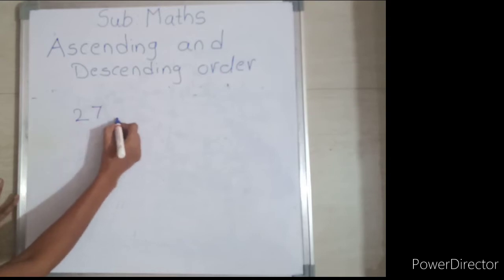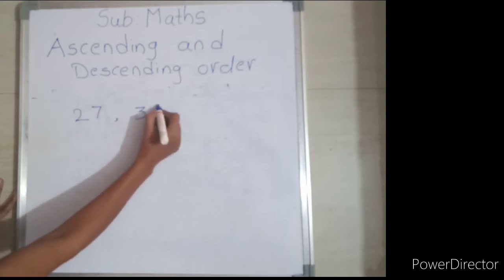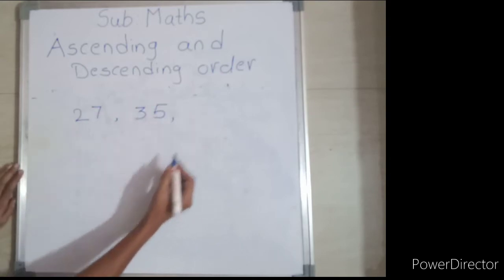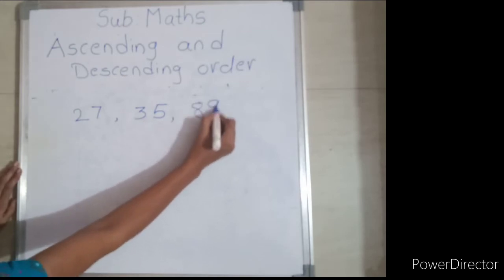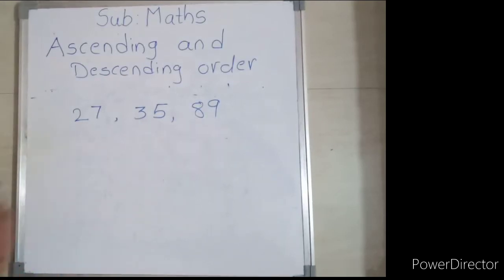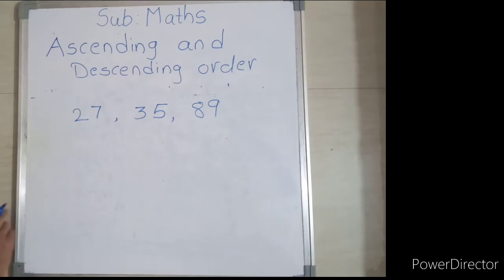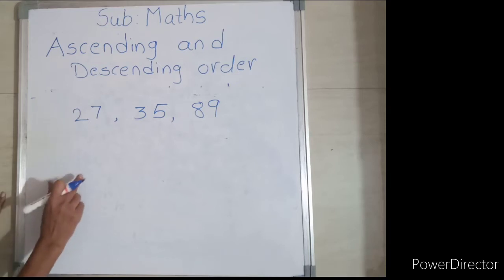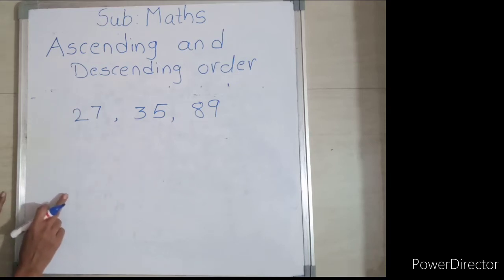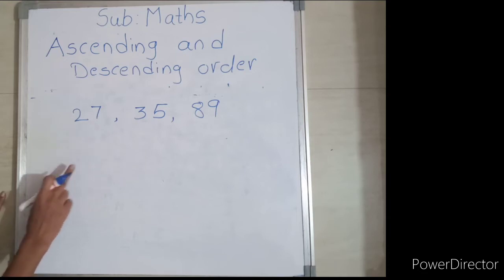First number is 27, then 35 and then 89. Now these are 2 digit numbers. We have to arrange these numbers in ascending and descending order. So for this we need to see the place value of each digit, ones place and tens place.